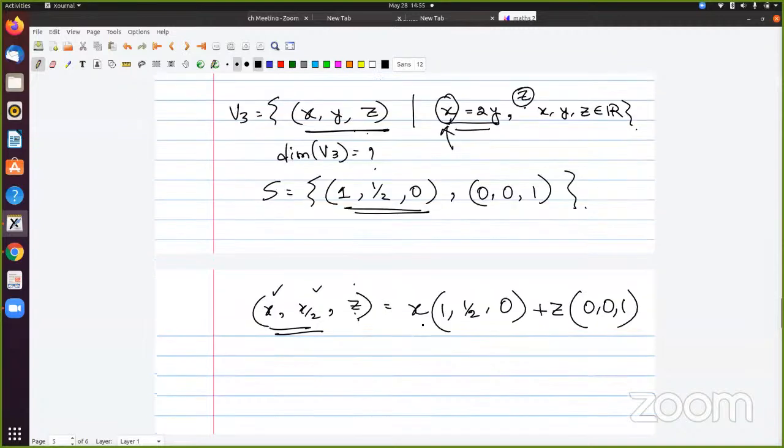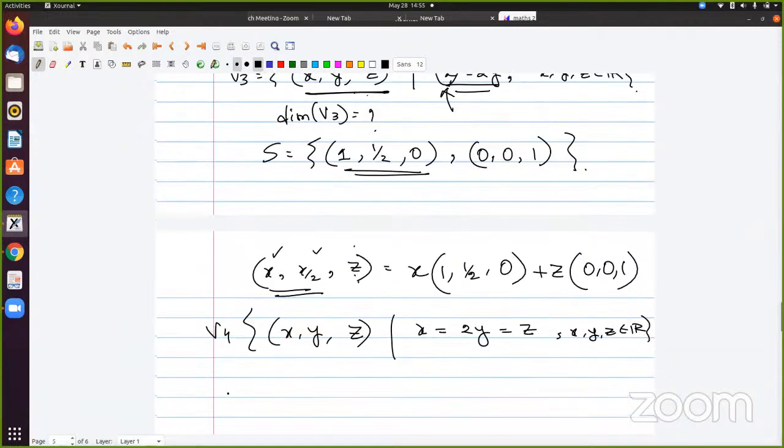Suppose I am giving you this relation now. Let me give another relation, then it will be more clear. This is a new vector space. In this case, how does the general form look? X by 2, X, right?